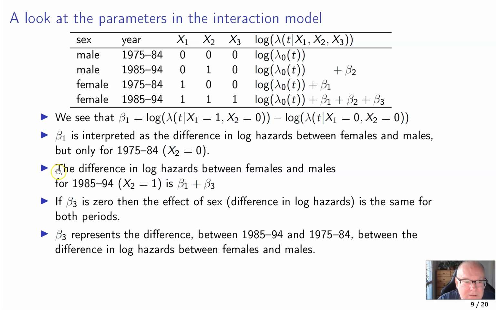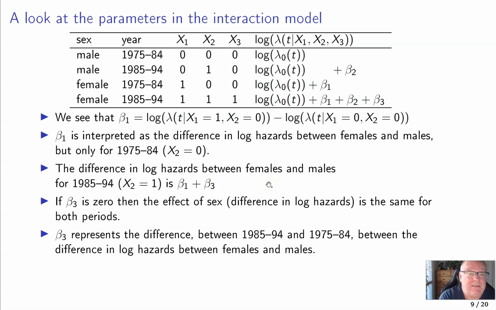So the difference in the log hazards between females and males for the second calendar period is now beta 1 plus beta 3. The effect of sex in the first calendar period, the early calendar period, was beta 1. The effect of sex in the second period was beta 1 plus beta 3.